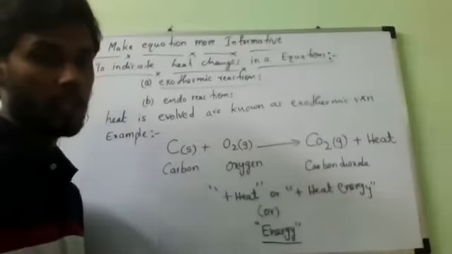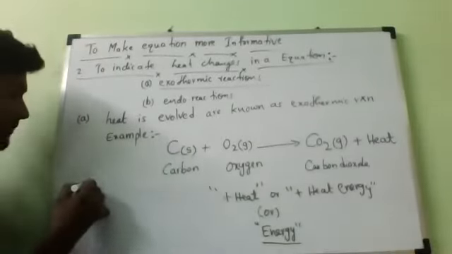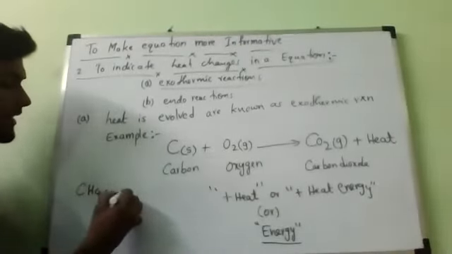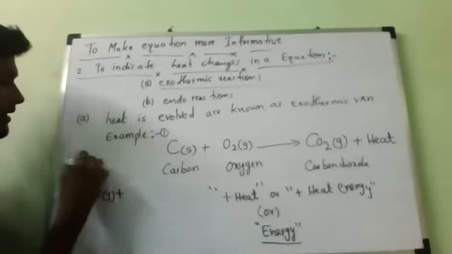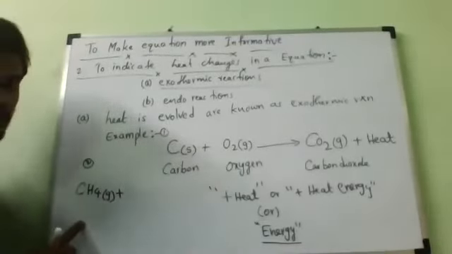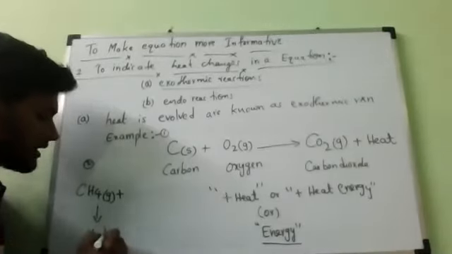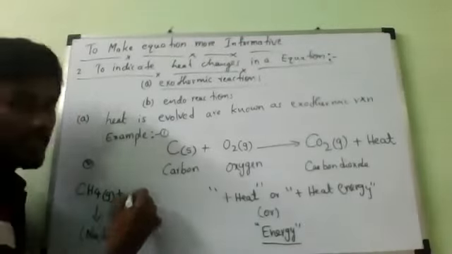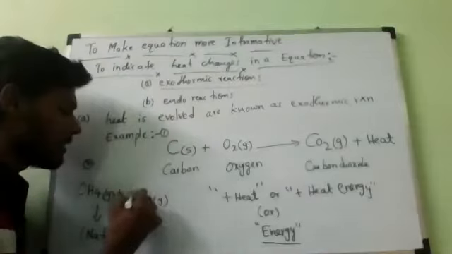One more we can write, like methane. Our cylinders contain methane, ethane and so on. What is the state of methane? Second example. Methane is in the gaseous state. Very good. Natural gas contains mostly methane. It reacts on burning with oxygen.